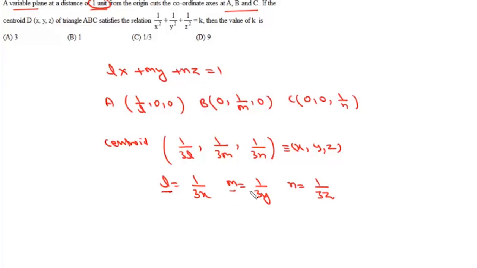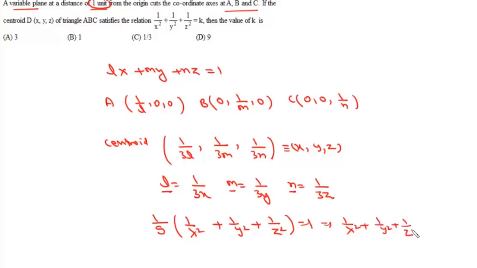Now, since L, M and N are direction cosines, the sum of squares is 1. So we can write (1/9)(1/x² + 1/y² + 1/z²) = 1, or 1/x² + 1/y² + 1/z² must be equal to 9. So the value of k here is 9, and that's your option D.